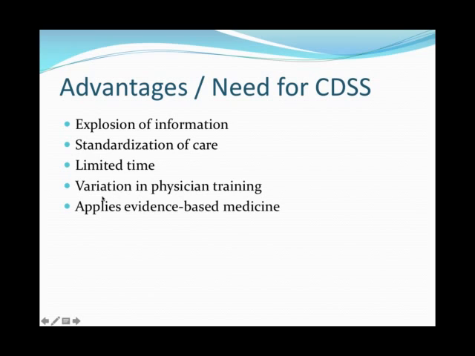A lot of doctors have been trained in different ways. Some of them are very lucky and they got trained at Hashemite University, but other people maybe got trained somewhere else in Jordan that was not as good as Hashemite University. So it helps us standardize their care even if they didn't have the same training.